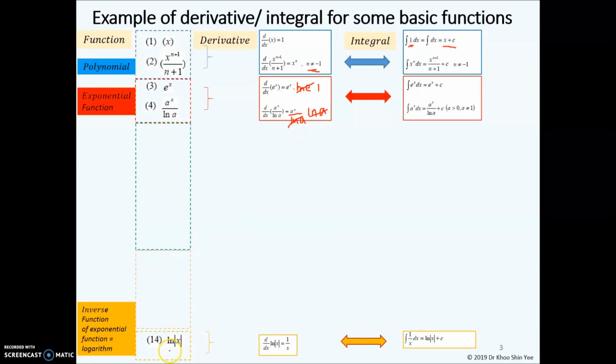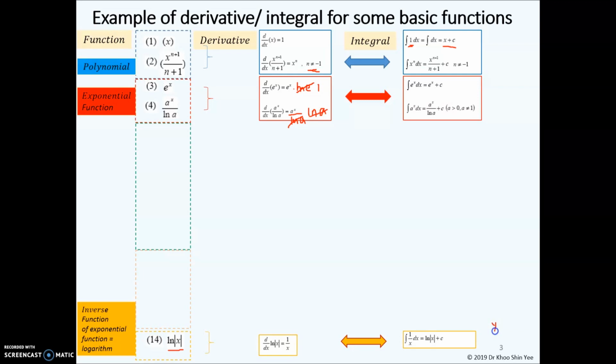Next, we have the ln function here. What is the derivative of ln x? You should get 1 over x, and if you integrate 1 over x, you should get ln x plus c. You should know that ln x actually is the inverse function of the exponential function.